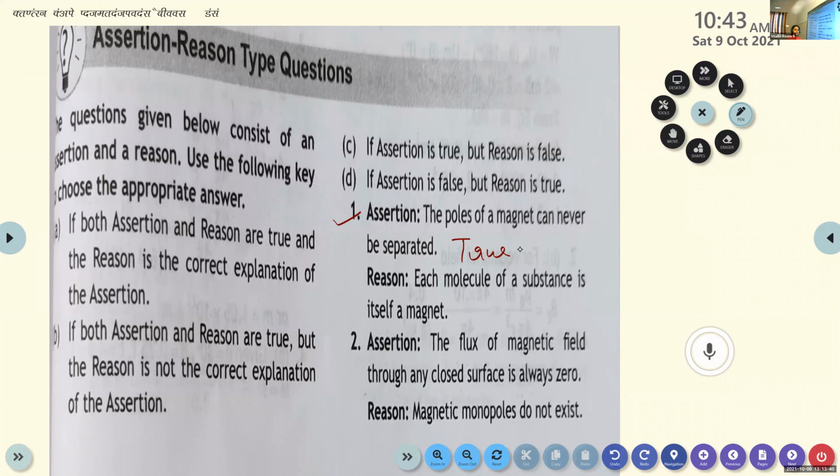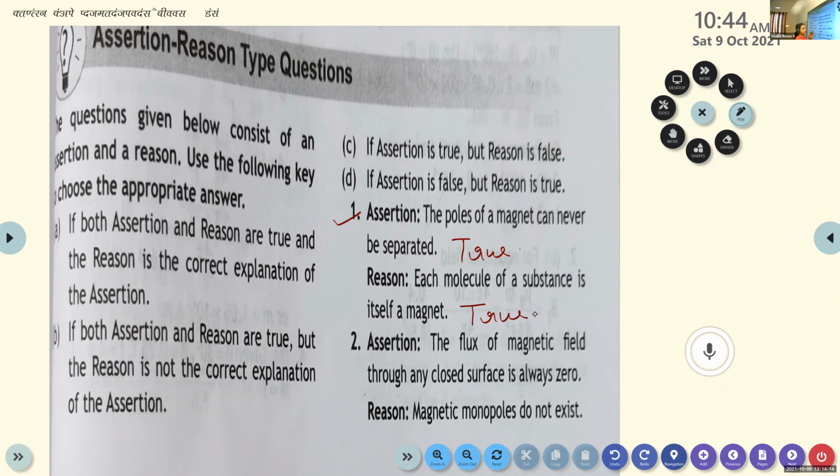Each molecule of a magnetic substance behaves like a magnet. Is it true or false? Each molecule of a magnetic substance is itself a magnet. True. It is also true.